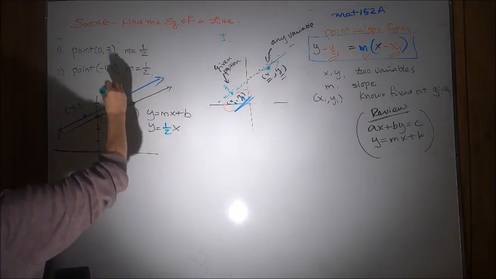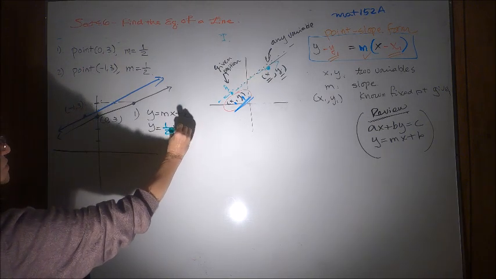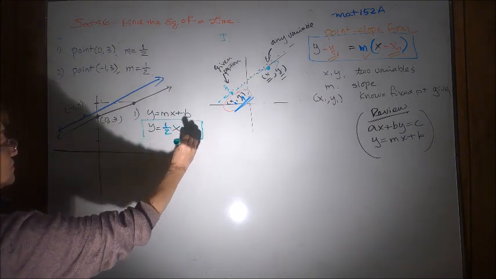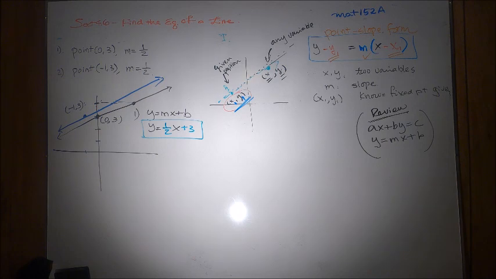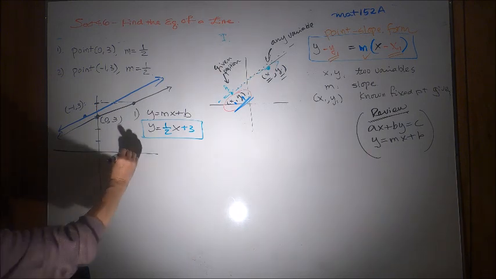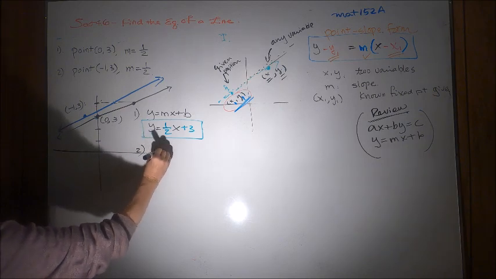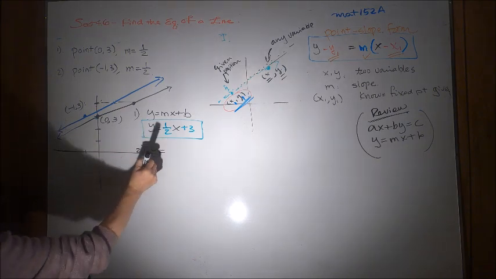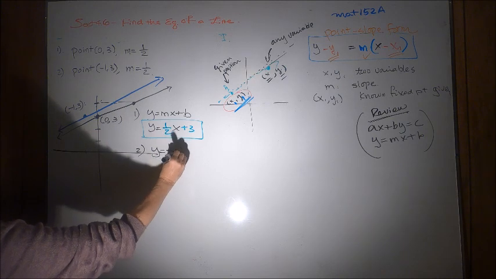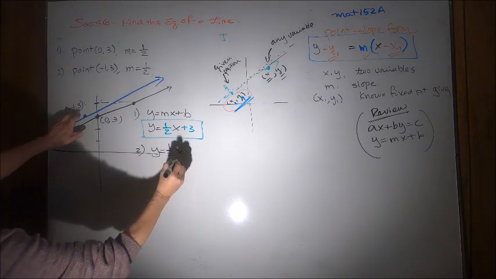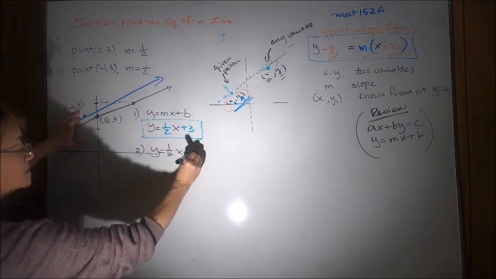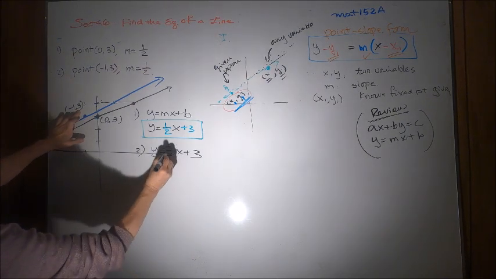Half. What's your b? Plus 3. Then you are done for the first question, right? For the second one, can you do the same thing? You say, oh, okay, my y is half of x for the slope. Then you just put a b because y is 3. You just write this one. Can you do that? Are they the same?